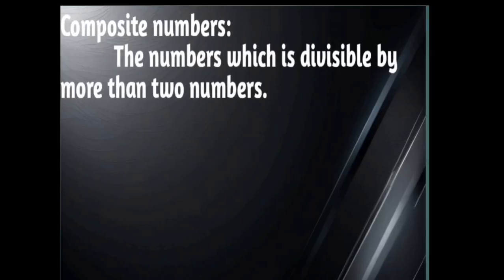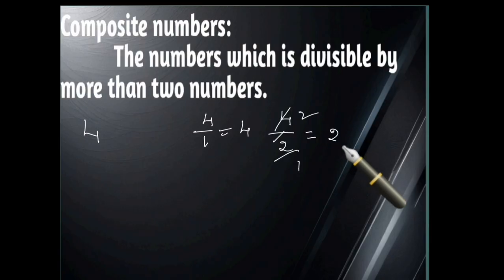Okay, let us see the next one. Composite numbers are numbers which are divisible by more than 2 factors. For example, as I already told you, the number 4 is divisible by 1, and by 2: 2 twos are 4.